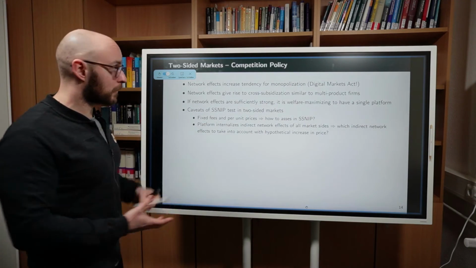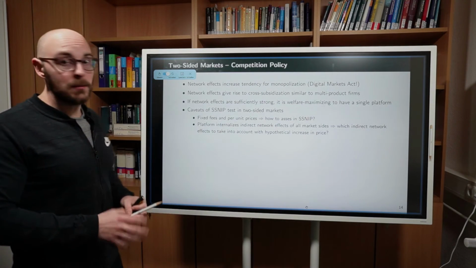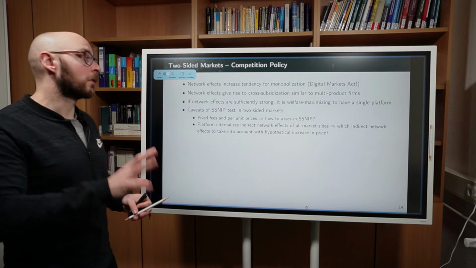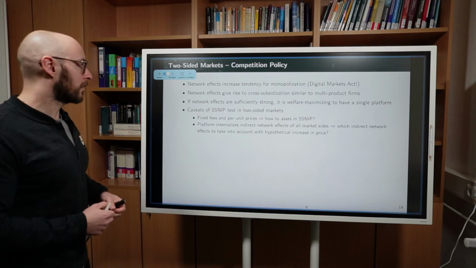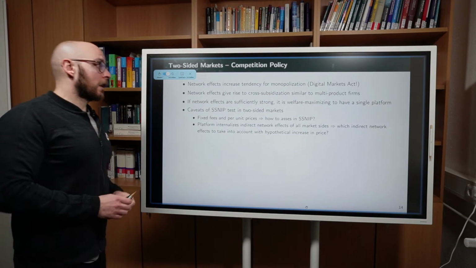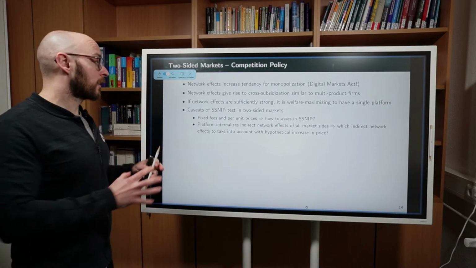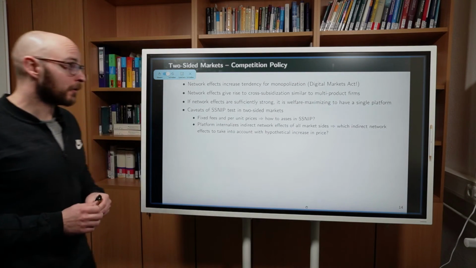However, there might be other products that have to be sold cheaply because that attracts other consumers, for instance. And the same concept applies to network effects. It's also important to take into account that if the network effects are very strong, it might even be optimal from a welfare perspective to have a single platform.